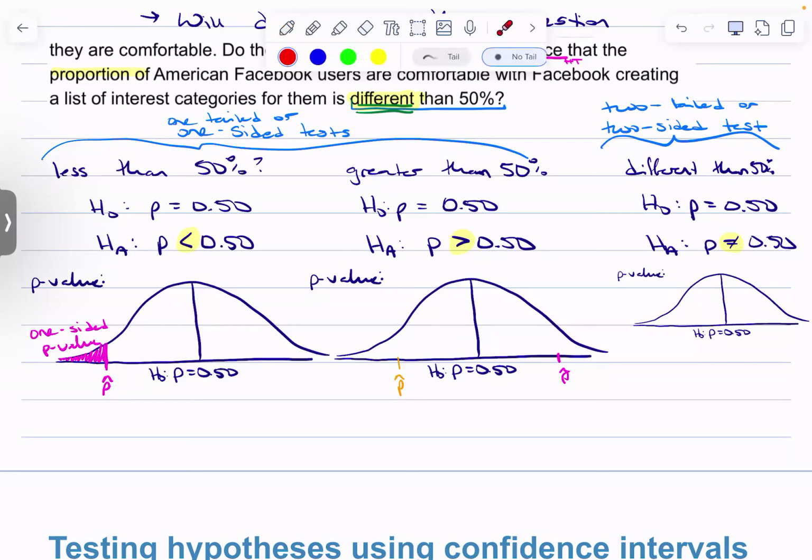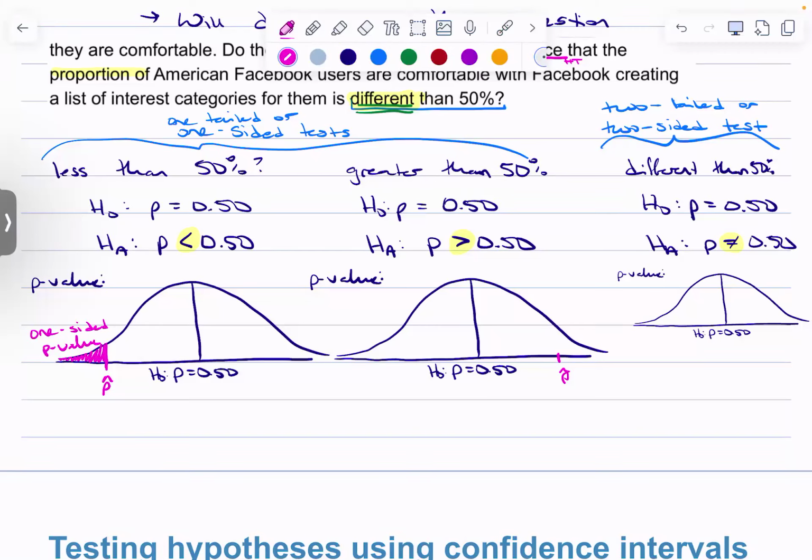The probability of being greater than 0.5 would be all of this area. Garbage. Don't do that. I think there's an assignment question somewhere, buried somewhere, that asks you to use kind of the wrong side, and then the p-value is really, really, really big, right? Which just means that you're not going to reject H0.